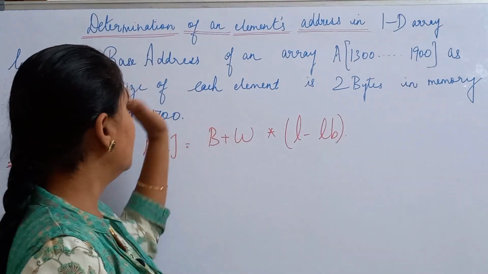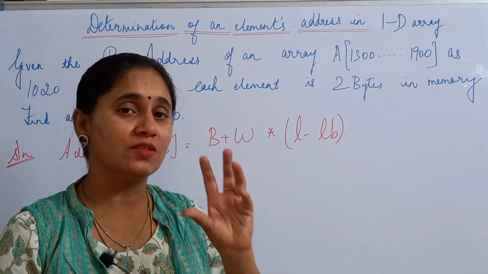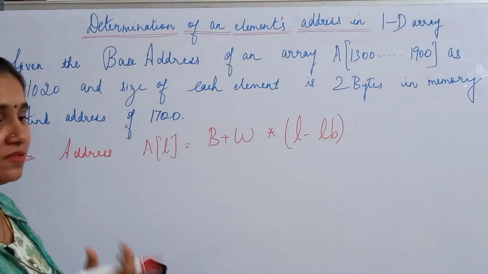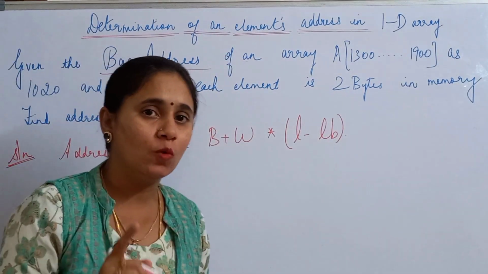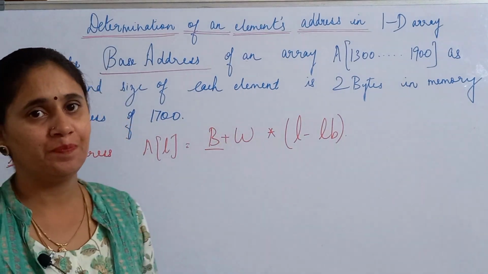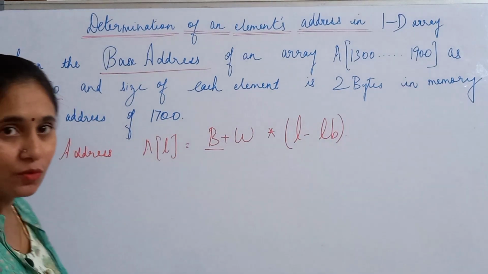From the question, let's extract the values that are given directly. Given the base address, they have given the value of the base address, and that value is 1020.